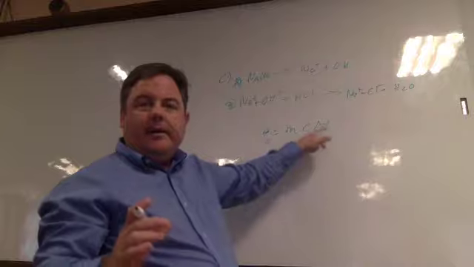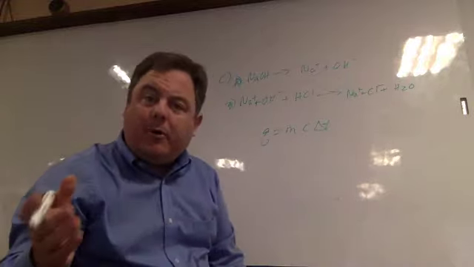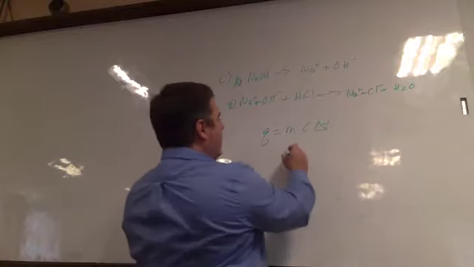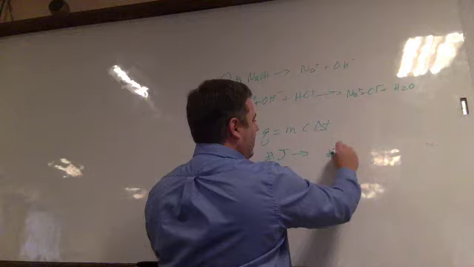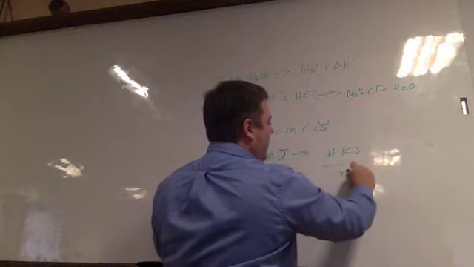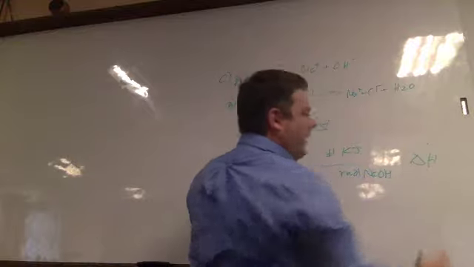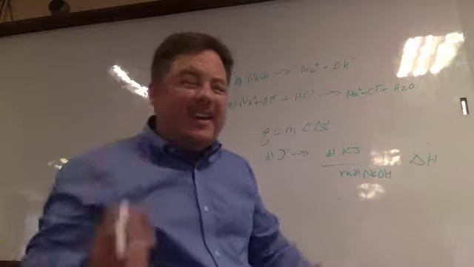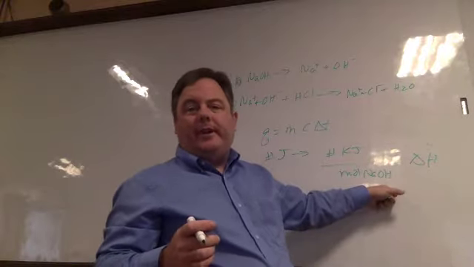You know C, you know delta T, and find Q. We use the same number of moles of NaOH. So whenever you find out how many joules this is, change that to kilojoules. Divide by how many moles of NaOH, and you'll get delta H in kilojoules per mole. A plus B added together should give you C.